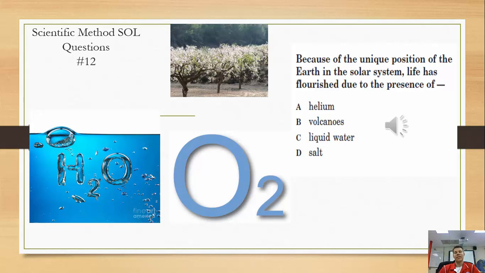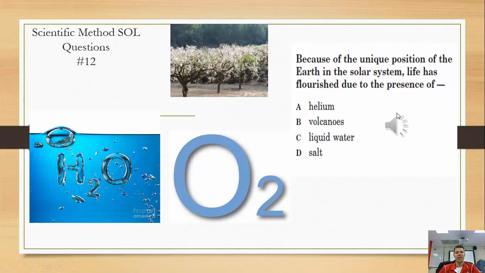You are going to see a question on the SOL that has to do with why life on Earth is doing so well. And the answer is always going to be oxygen or water. Alright, so when you read these questions, please don't overthink them. Let's just look here real quick. Because of its unique position in the solar system, life has flourished on Earth.